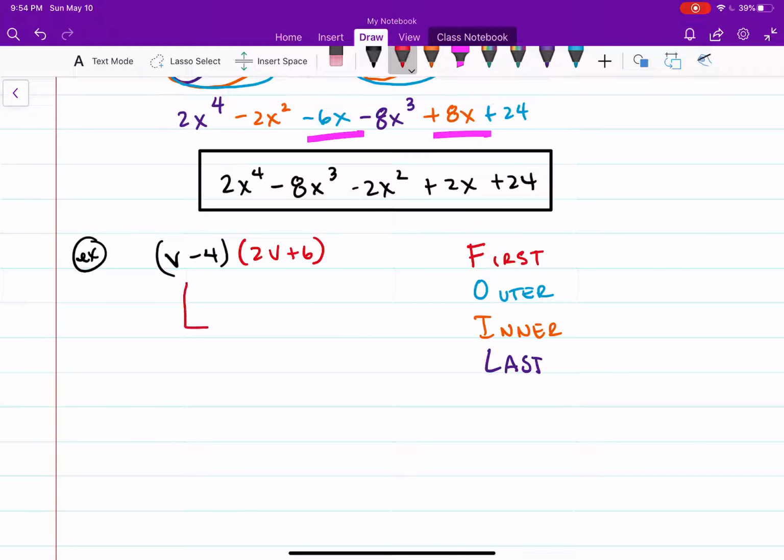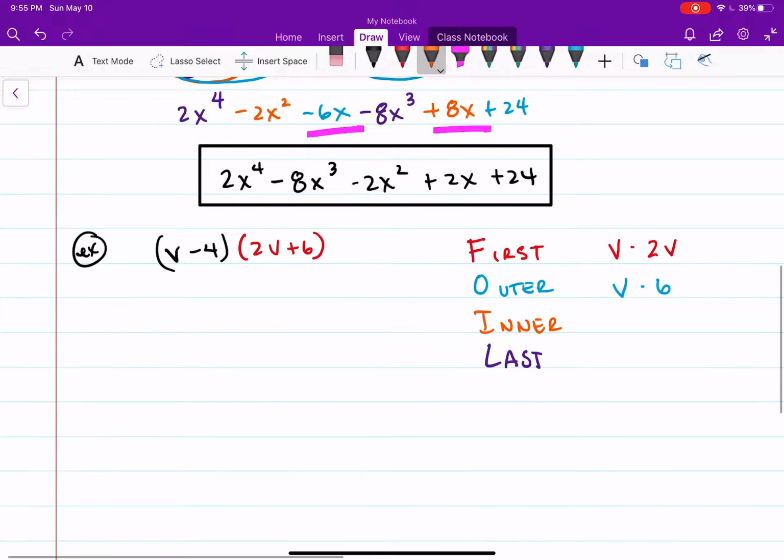So first would be the first one in each group. So that would be v times 2v, right? All right, and then we said the outer, which is the outer 2, which would be v times 6. Then inner, I said was the inner 2, which would give you negative 4 times 2v.